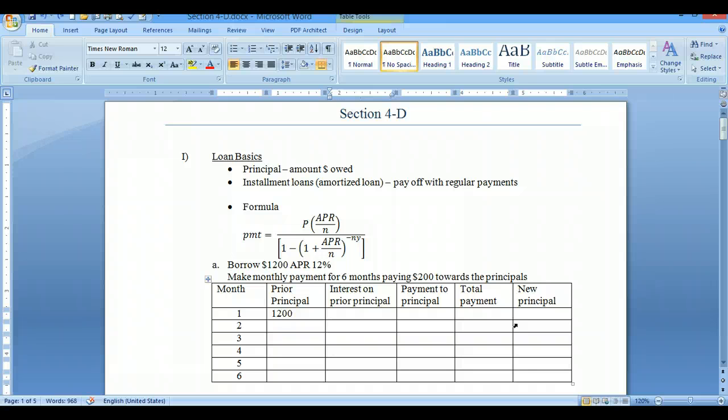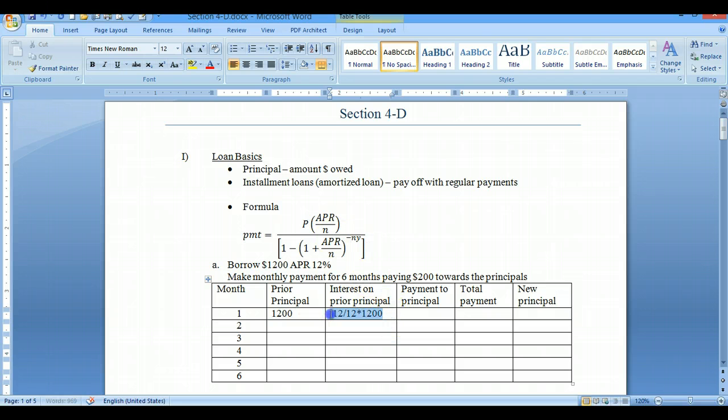So this one I am accruing 12%, but this 12% is just like we did with our APR when we did an investment. We take our 12% or 0.12 over, and this is monthly payments, so 12. Just like we have up here, APR over n, and times this by my principal.